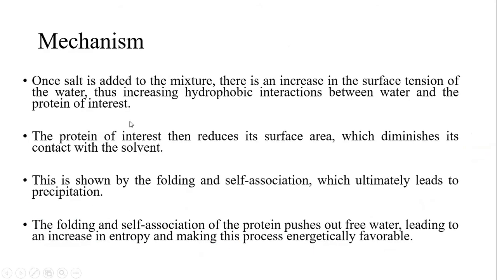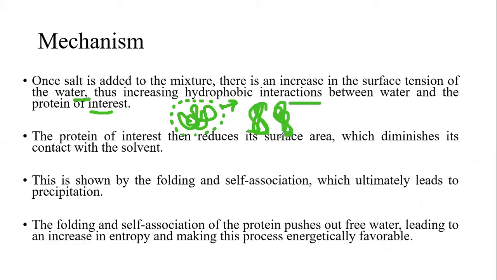Okay. Now, once the salt is added to the mixture, there is an increase in the surface tension of water. So, what will happen if there is an increase in the surface tension of water? The hydrophobic interactions between the water and protein of interest will increase. So, what does it mean? When your proteins are there, the hydration shell is getting disturbed and it will result in clustering of proteins.